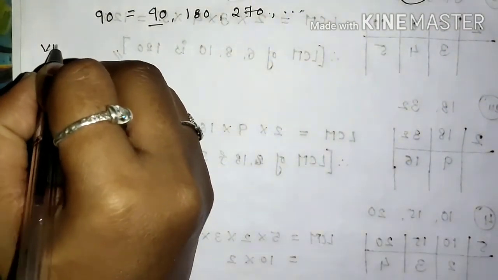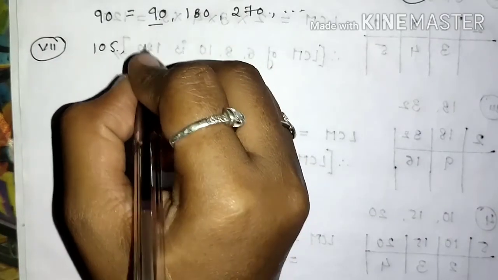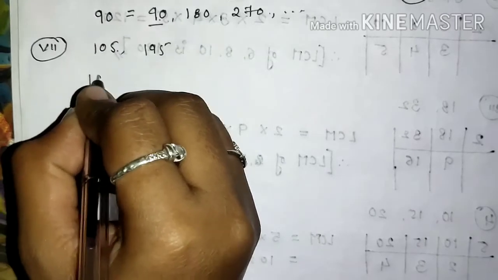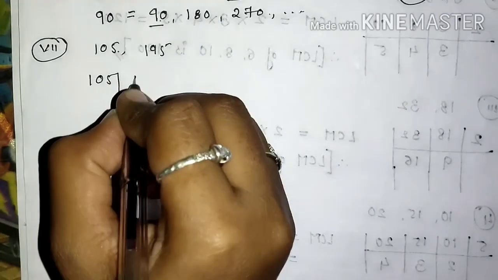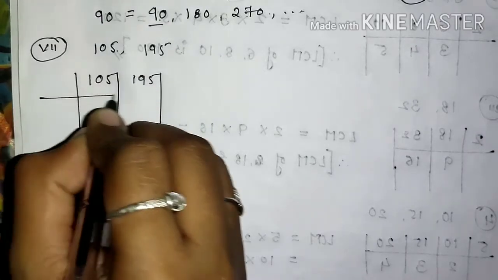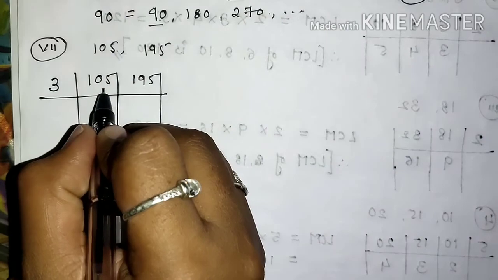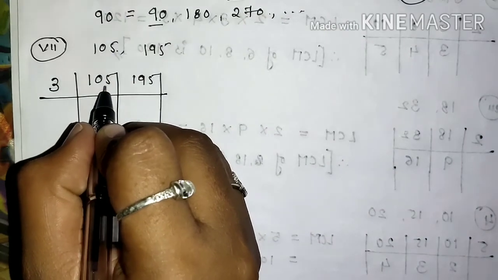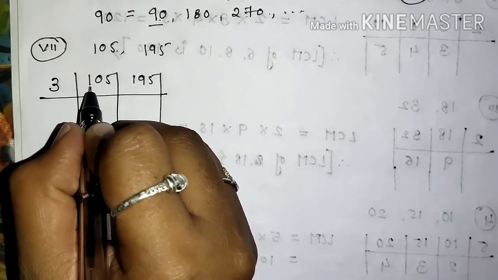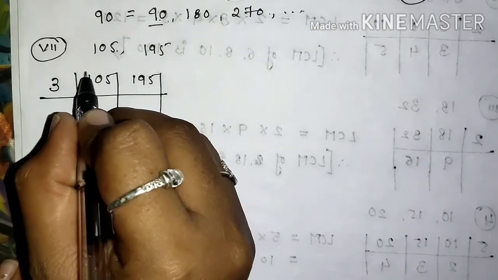Question number 7. 105 and 195. Let us make the arrangement 105 and 195. Now both numbers can be divided by 3. Here we can use the divisibility test. 5 plus 1 is 6, which is divisible by 3. That means this given number is divisible by 3.